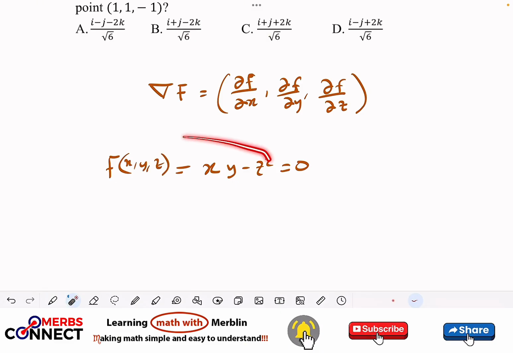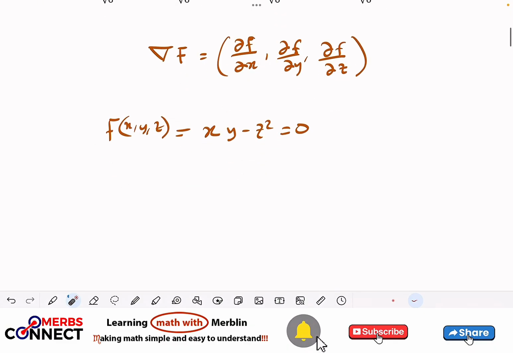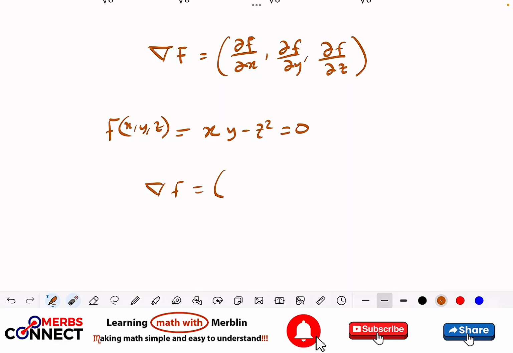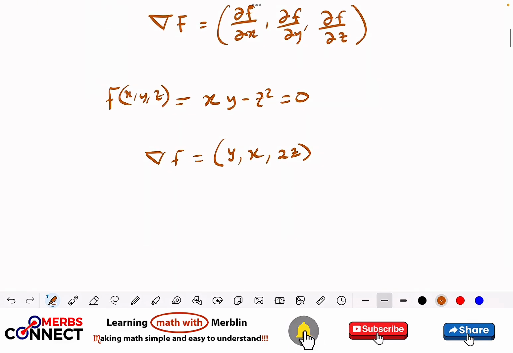So now I'm going to differentiate this with respect to x, y, and z, and see what we are going to get here. So grad of f will be equal to: differentiate this with respect to x, and I'm going to have y. Differentiate this one with respect to y, and I'm going to have x. Differentiate this with respect to z, and I'm going to have 2z, right? So that's basically what I'm doing here.